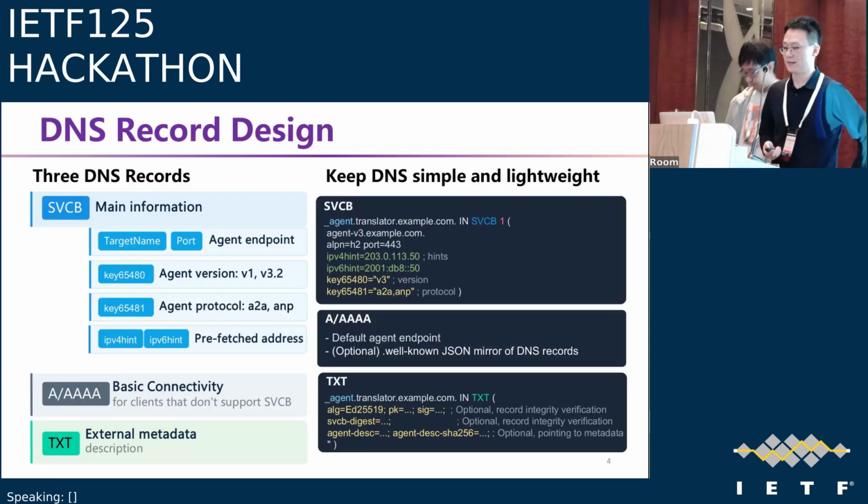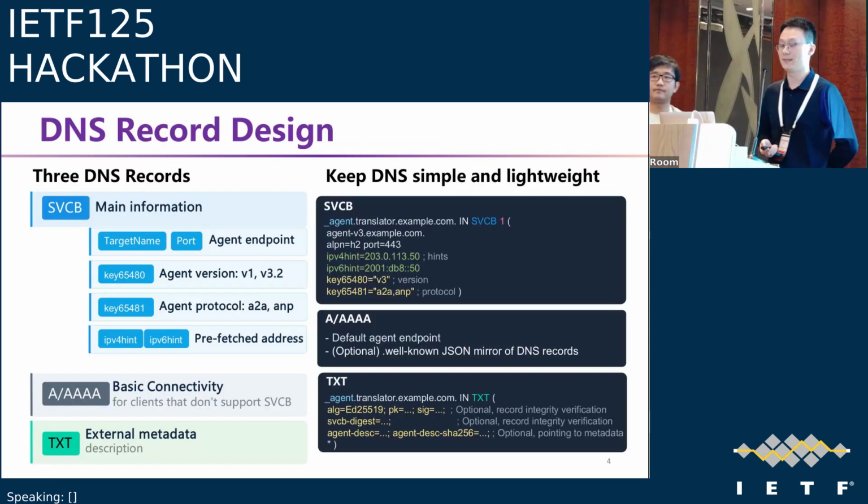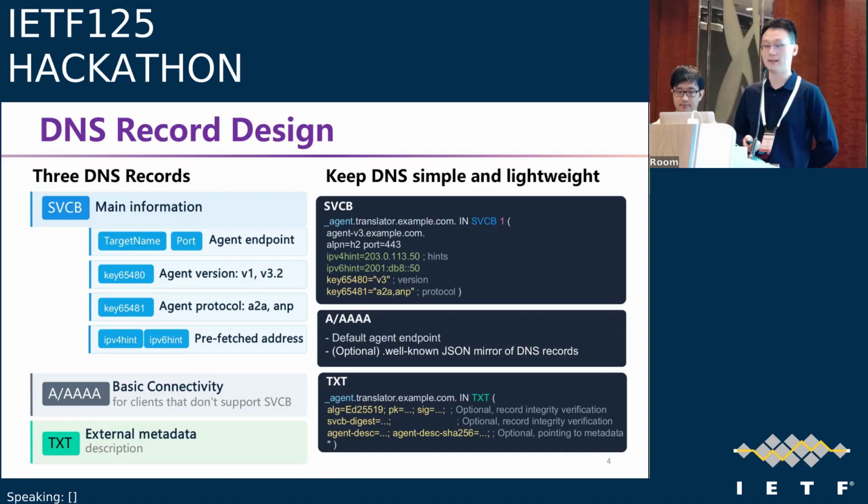We use three DNS record types. The SVCB record carries the main information, including the agent endpoint, version, and protocol. The TXT record links some external metadata, and the A and AAAA records provide basic connectivity for clients that do not support SVCB.